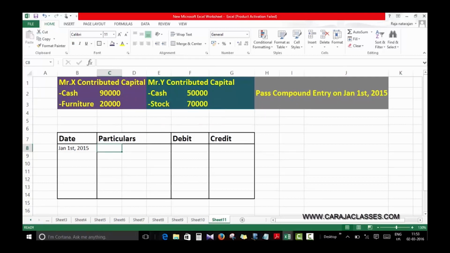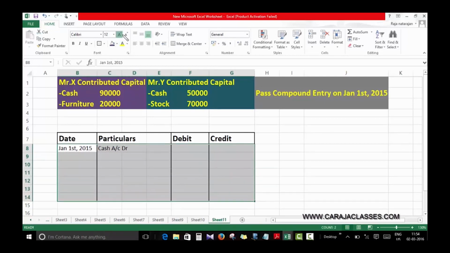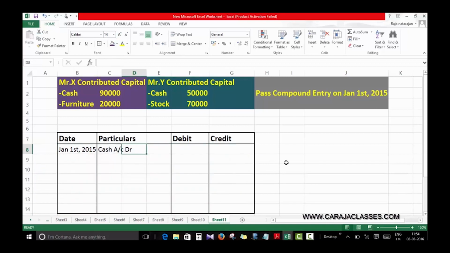Let me capture that. First, the cash account got to be debited, so let me write cash account debit. Let me just increase the font size to make it a little readable. So the cash account got to be debited, and I'm talking about Mr. X. So what is the amount?